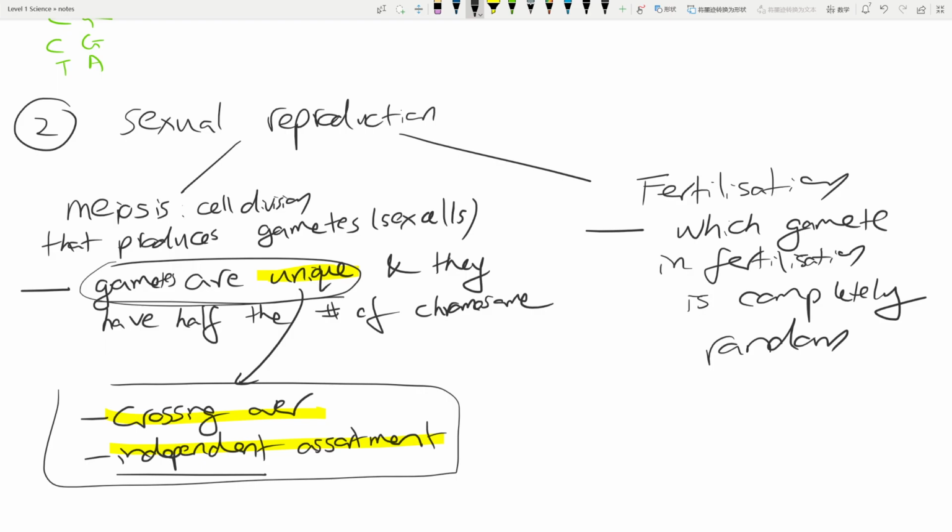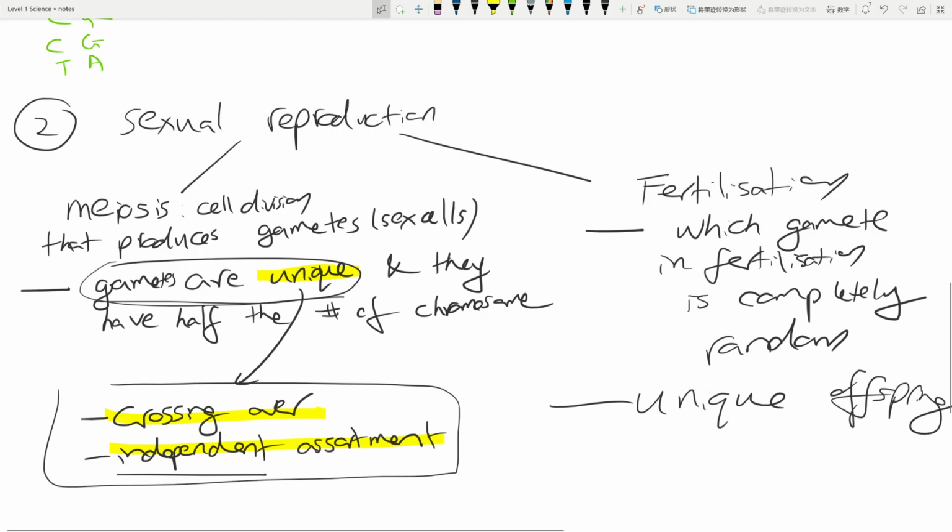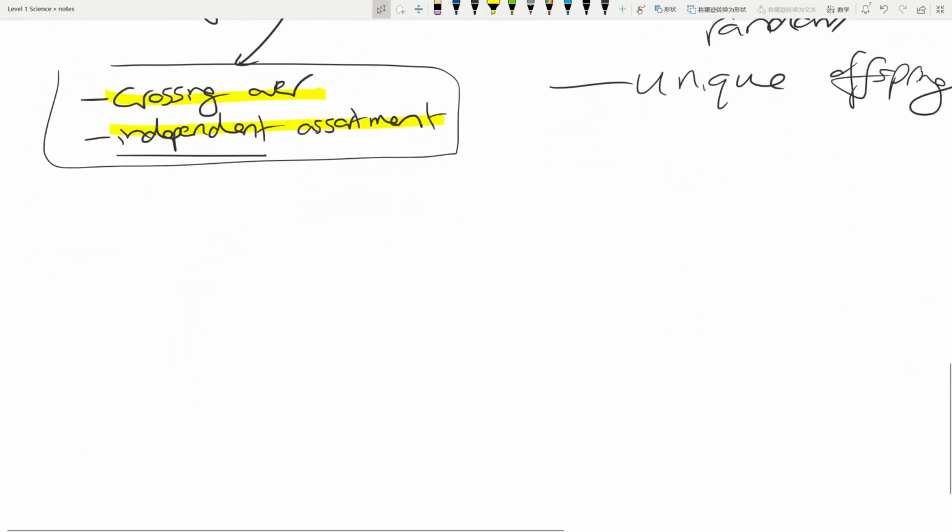Then which one of these gametes gets to fertilize with another gamete, which is again completely unique, is random. And then you create what we call a unique offspring. Okay, so it's going to have a bit of both each parent, but it's going to be unique. Even siblings, you're similar, but you are unique. You're all different to one another.